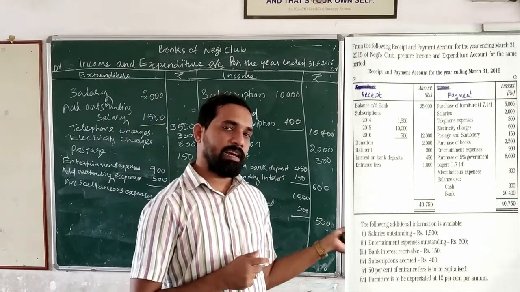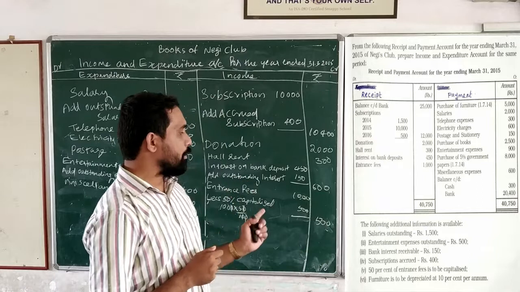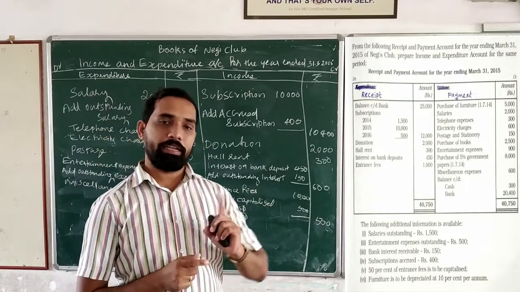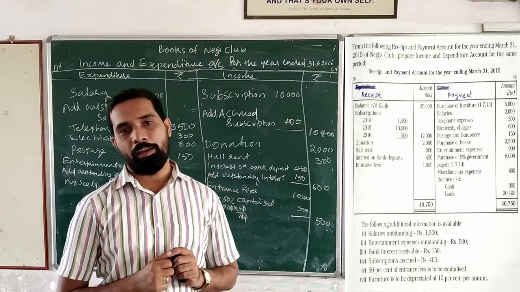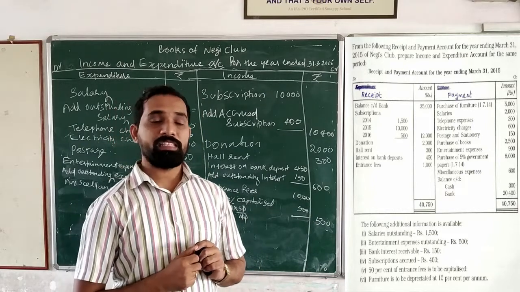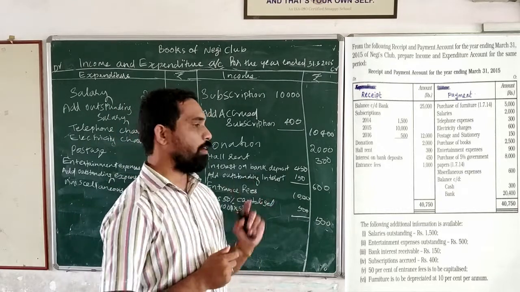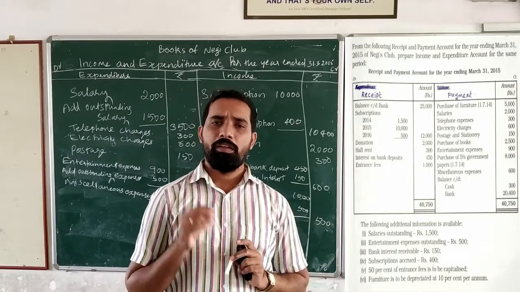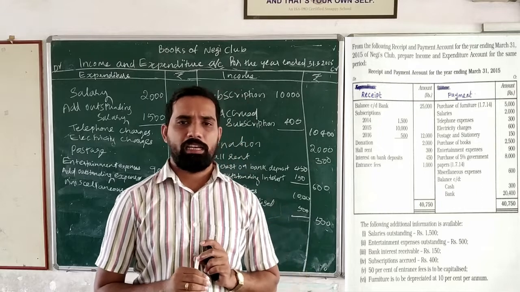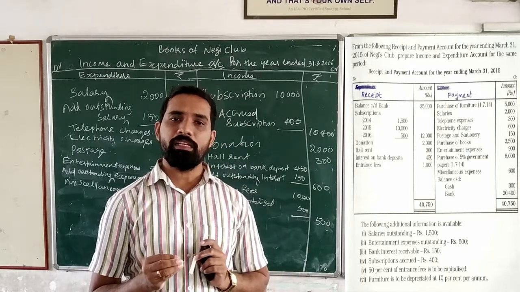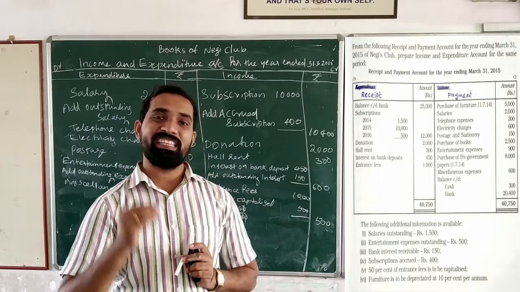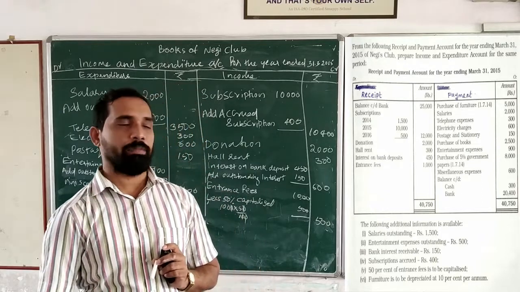The last adjustment, furniture is to be depreciated at 10% per annum. That is depreciation of furniture 10%. We know that depreciation is an expense or payment. It is a revenue payment.